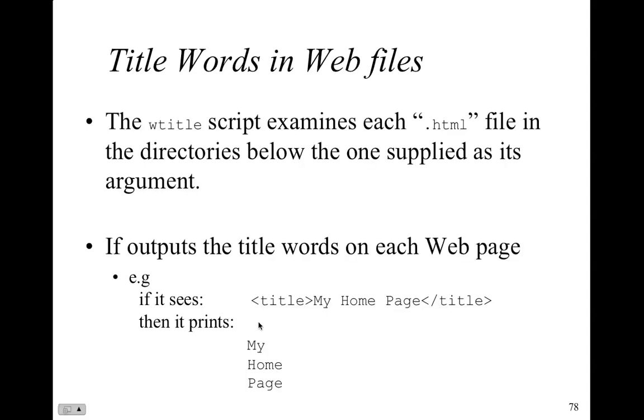So, title words in web files. Here's an example of a wtitle script that examines an HTML file in a directory below one supplied by the argument. It outputs the title words on each one of the web pages. So, a nice little script.